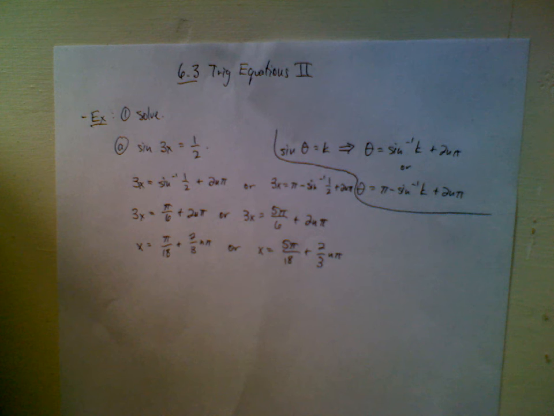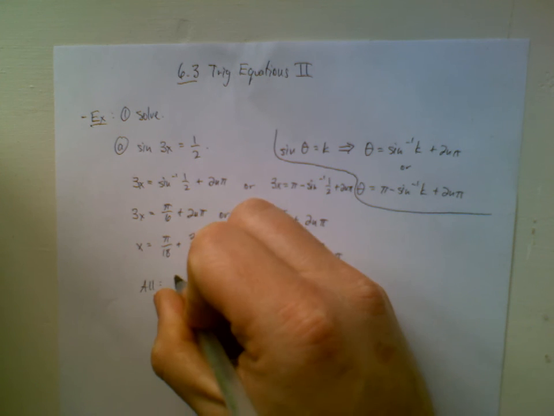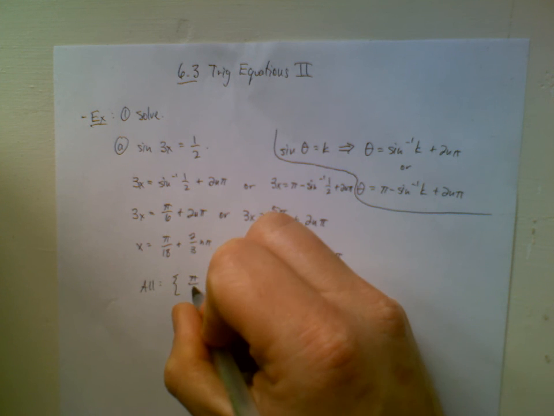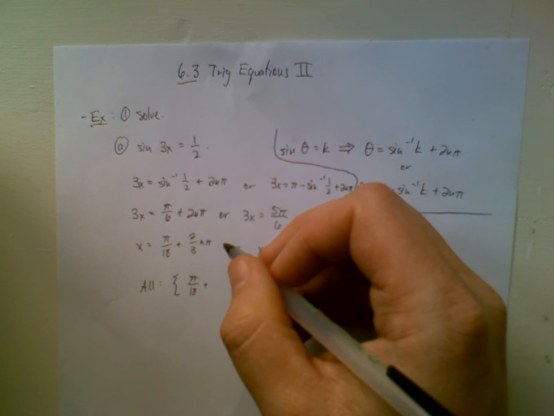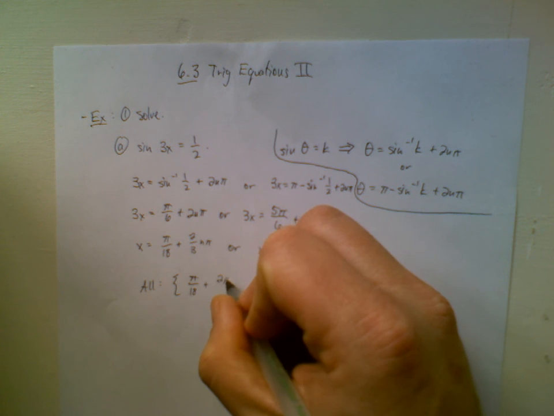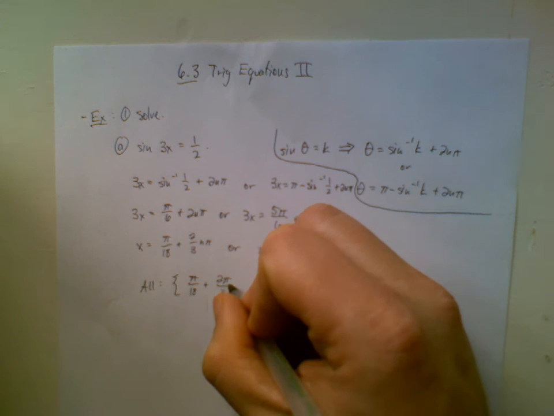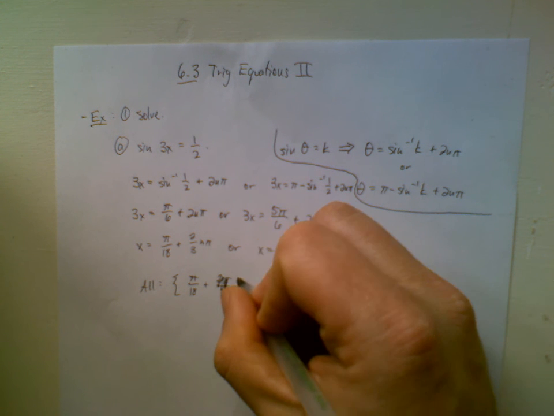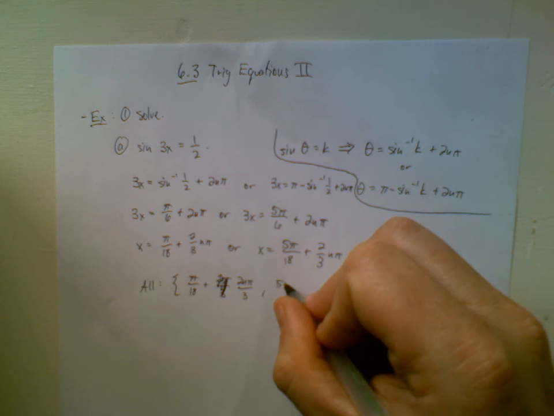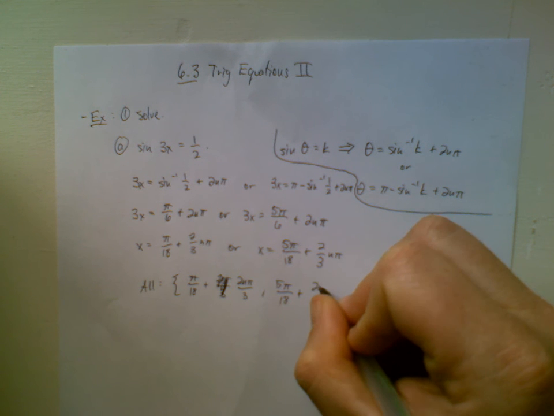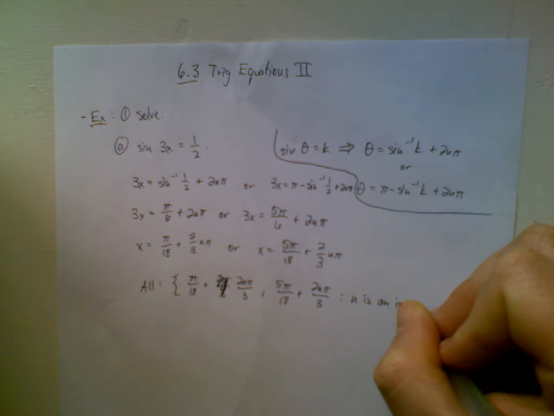So if you're looking for all of the solutions to this equation, all of the solutions are going to be of the form pi over 18 plus 2n pi over 3, or 5 pi over 18 plus 2n pi over 3, where n is an integer.